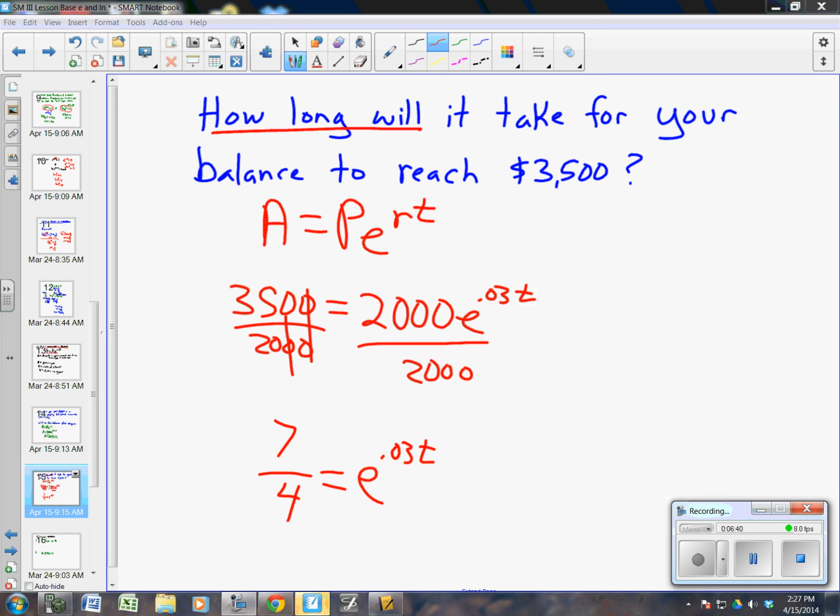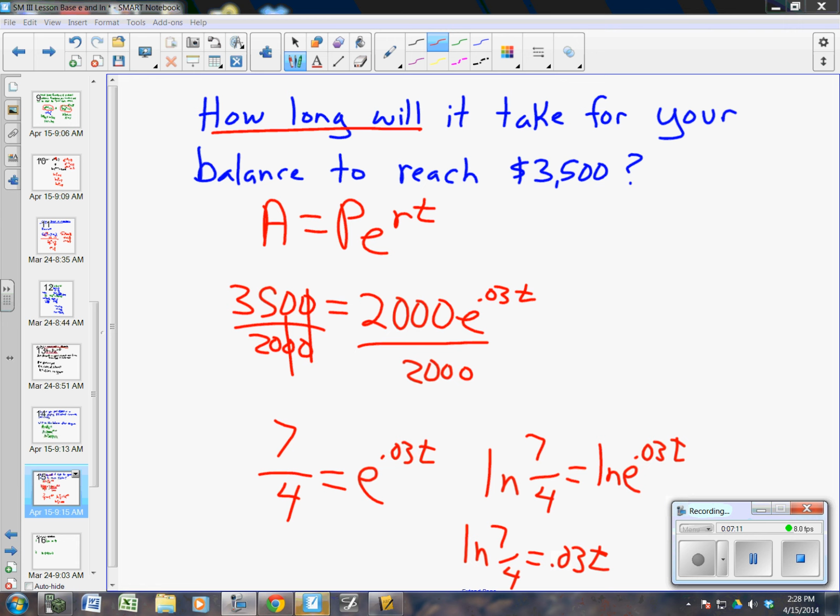Doesn't this look like the problems we just solved? So what would I do to both sides? I take the natural log of both sides, right? So I have ln of 7/4 equals ln of e to the 0.03 T. And ln e to the 0.03 T is what? 0.03 T, right?